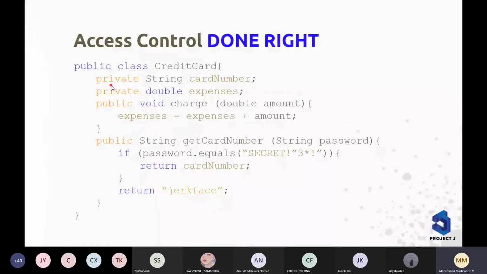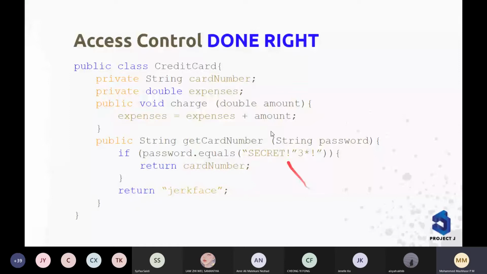We are giving the private keyword before these variables to restrict their use in other classes. Also, as you can see, we are giving access specifiers for these two methods, which is public. So by making these variables private, we can only access them in this particular class, and we can't access them in other classes.